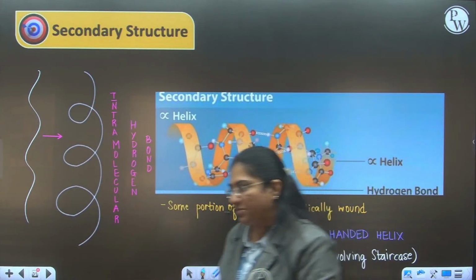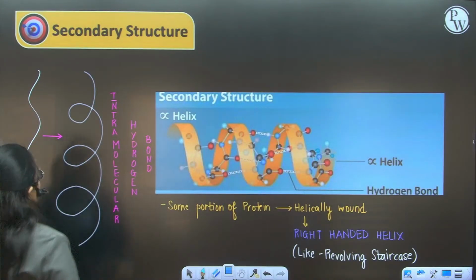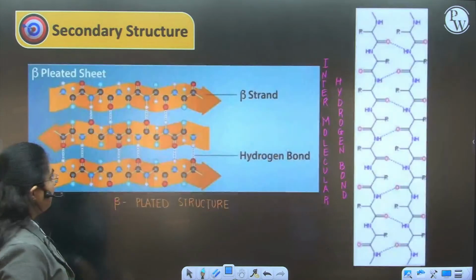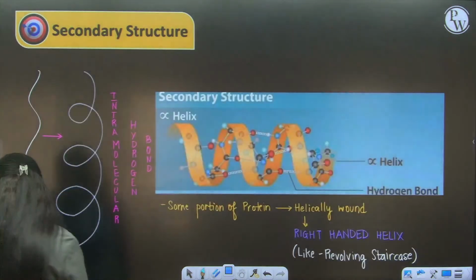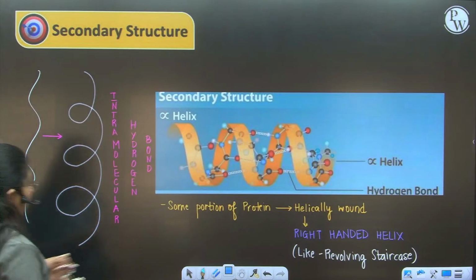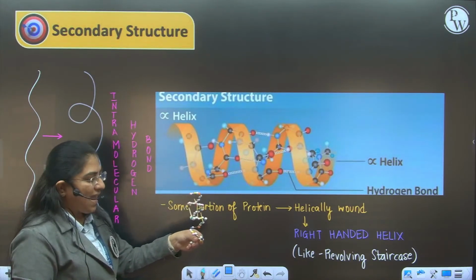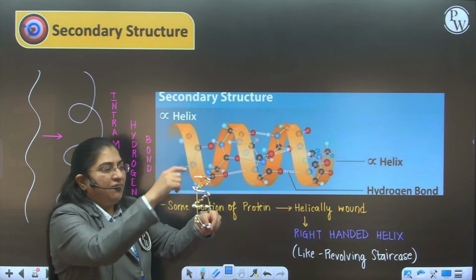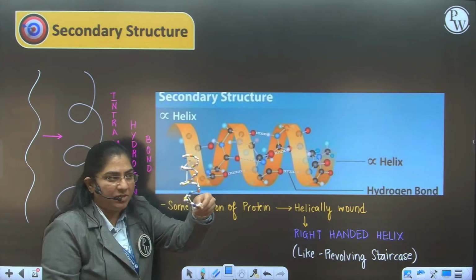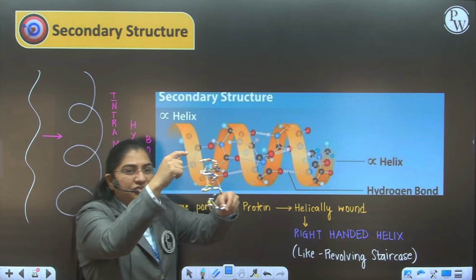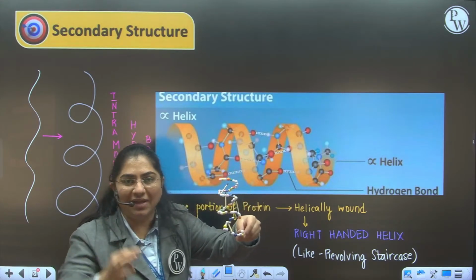There are 2 types of secondary structures of proteins, called the alpha helix structure and the beta pleated structure. When we talk about the alpha helix structure, as you can see in the diagram here and in the model here, we have a chain of polypeptides where there is an intramolecular hydrogen bond.